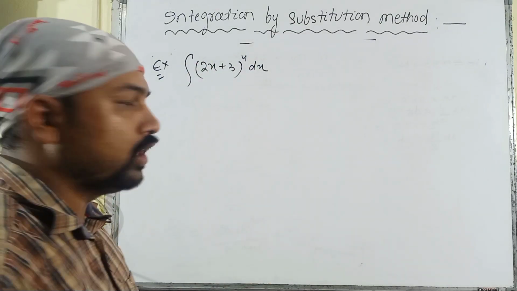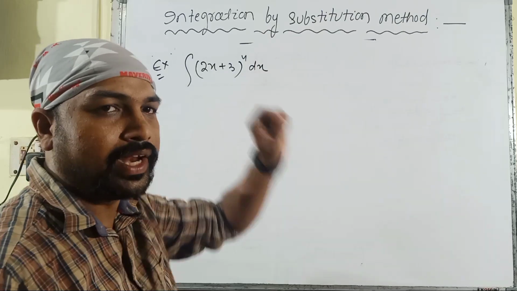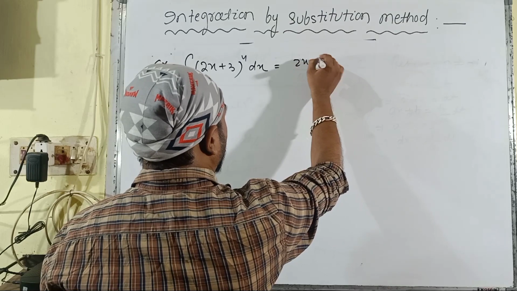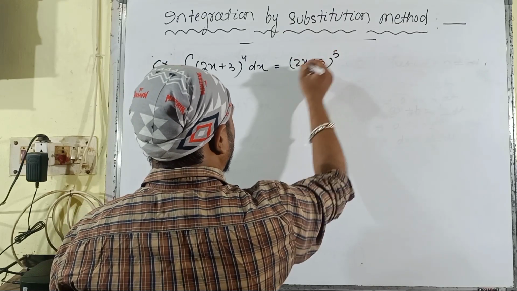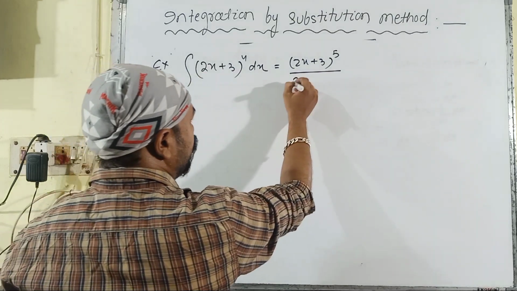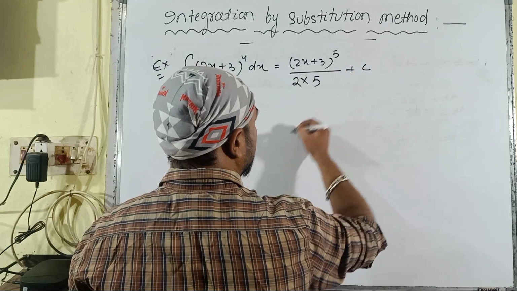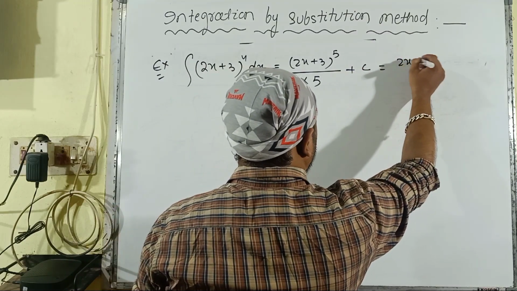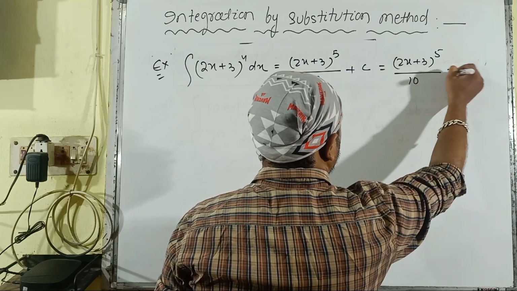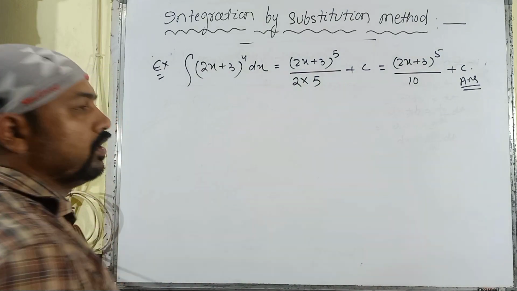By using the formula, we can find the answer directly, and it will be 2x plus 3 to the power 5 divided by 2 multiplied with 5, since the value of a is 2, plus any constant c. The result will be 2x plus 3 to the power 5 divided by 10 plus any constant c, and this will be the answer for the example.